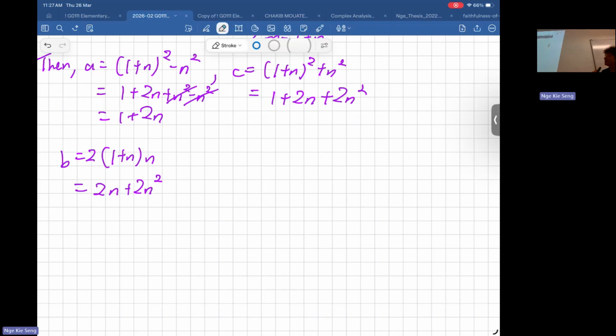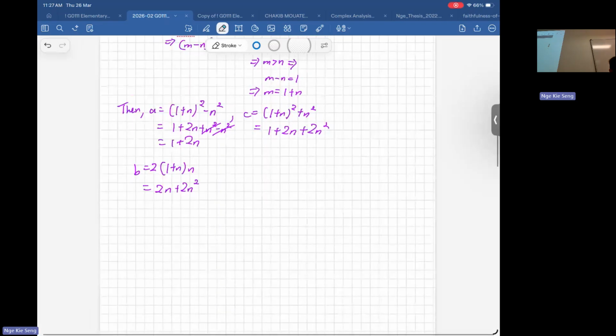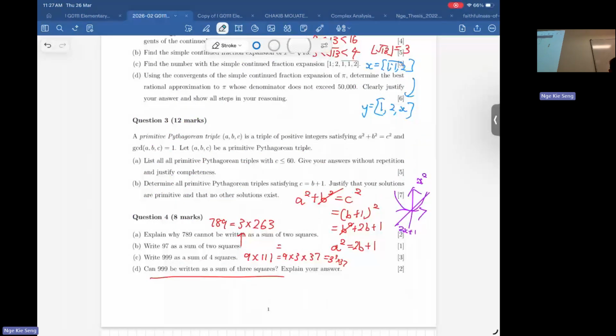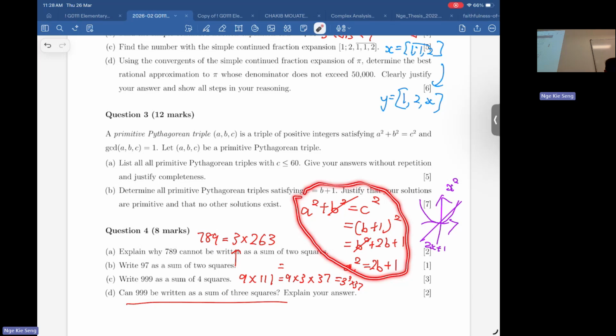Any idea how this GCD condition comes in? Any information we are missing? Primitive. Let's read the question. Determine all primitive. Satisfy this. I think this one is more useful or not?